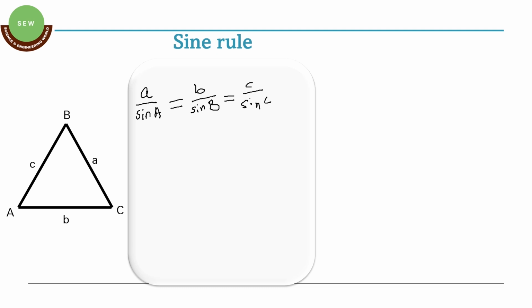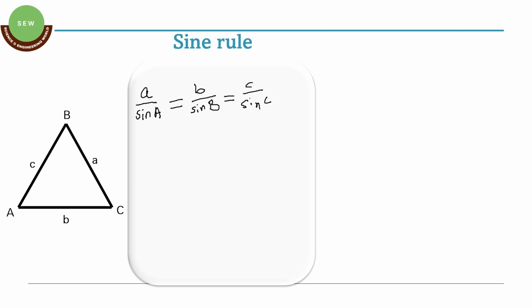Now, if you are looking for the side, then this is a good way to start, by putting the side as a numerator and the sine of the angle as denominator.